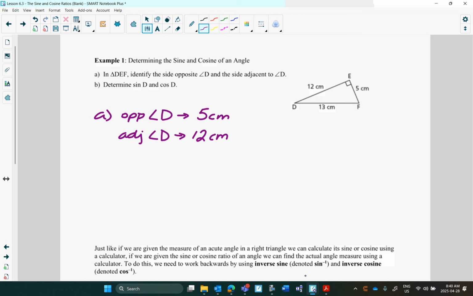So to find the fractions for sine and cos of D, remember the sine is opposite over hypotenuse. What would that fraction or ratio look like? What numbers? 5 over 13.